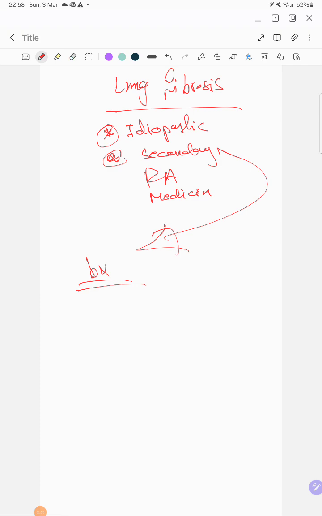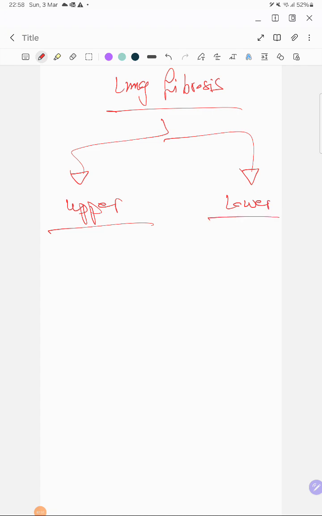However, for the sake of the exam, lung fibrosis can be classified according to the location of the fibrosis into two main categories, as all of you know: upper zone fibrosis and lower zone fibrosis. So there are several causes of lung fibrosis, and all of them fall within these two categories, either upper lobe fibrosis or lower lobe fibrosis.